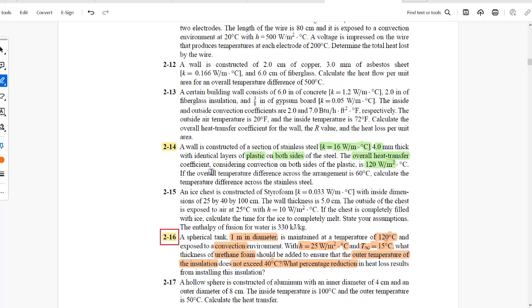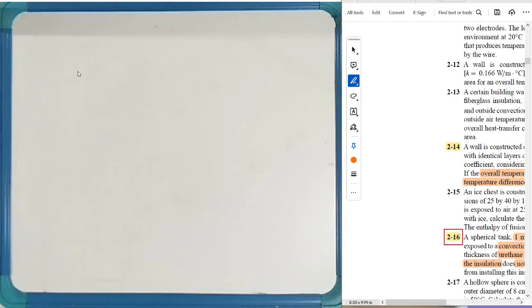If the overall temperature difference across the arrangement is 60 degrees Celsius, calculate the temperature difference across the stainless steel. Let's get started and solve this problem on the whiteboard.